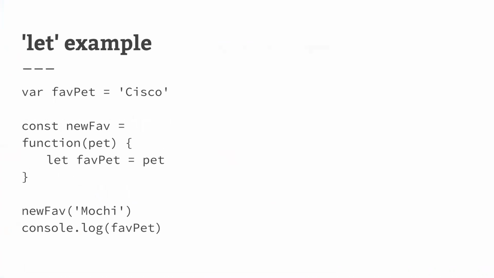Again, we have this sort of bubble concept. In the global scope, we have Cisco. Favorite pet is defined in the global scope.